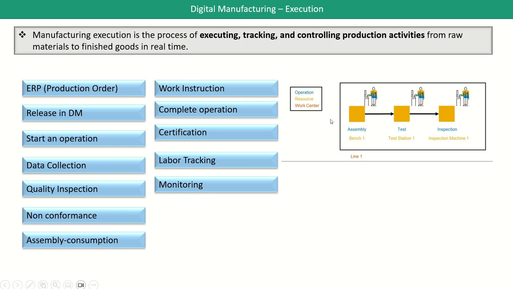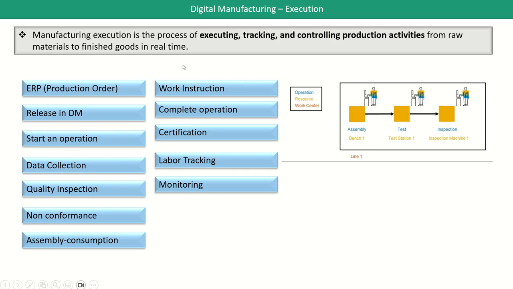Whenever we are manufacturing a product from its raw material to its final product, all the activities or processes that the operator performs on a screen get recorded, and everything comes under the execution of SAP Digital Manufacturing.